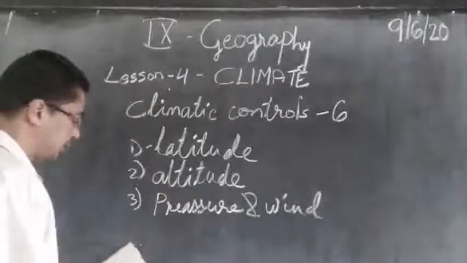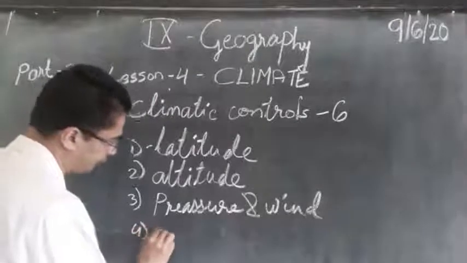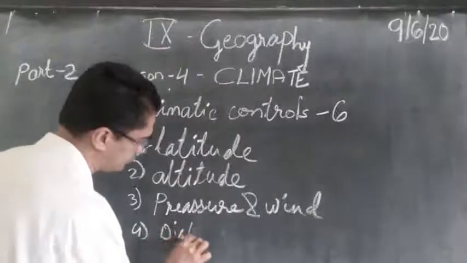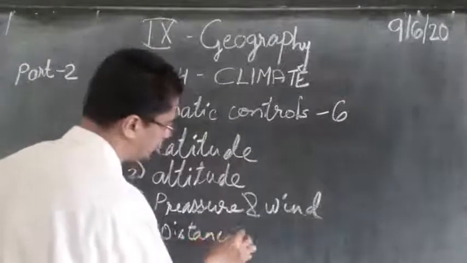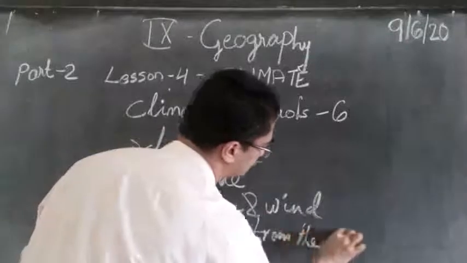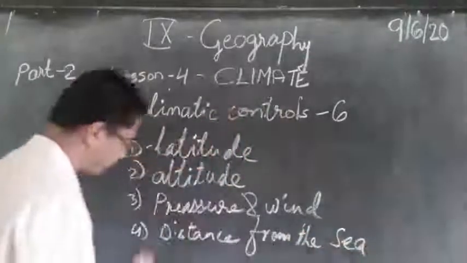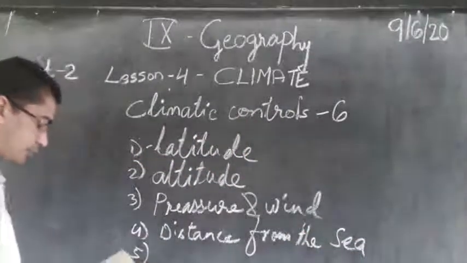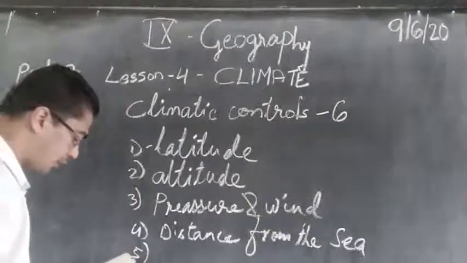Then fourth one is distance from the sea. Then fifth one is ocean currents.